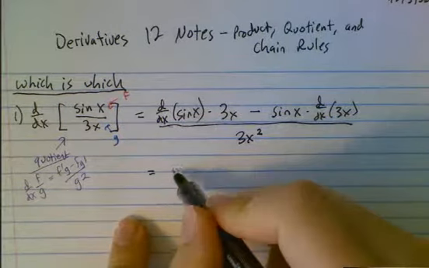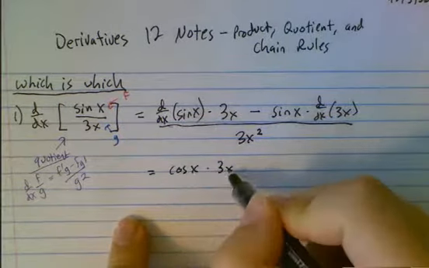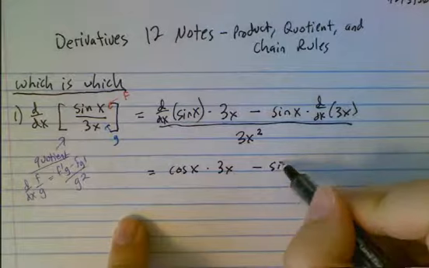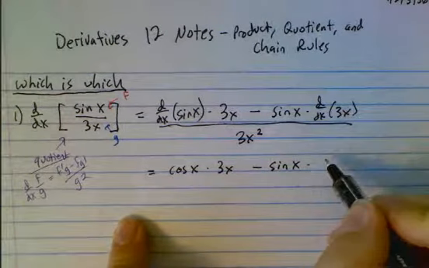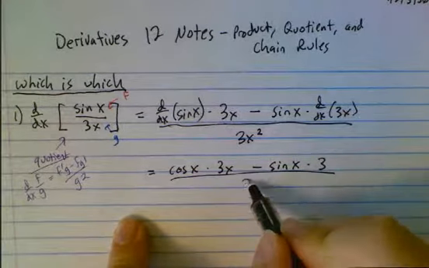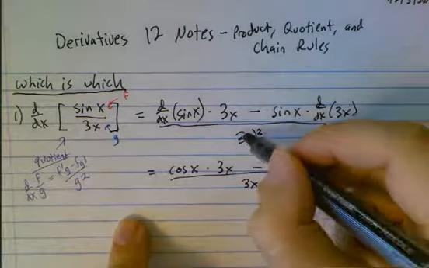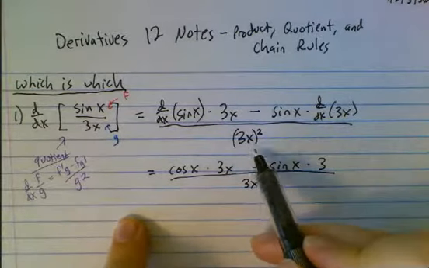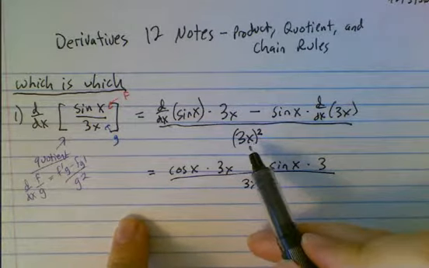The derivative of sine of x is cosine of x times 3x minus sine x, then the derivative of 3x is 3. Oops, bad mistake there. This whole denominator should be squared. It should be the whole thing, 3x, squared.